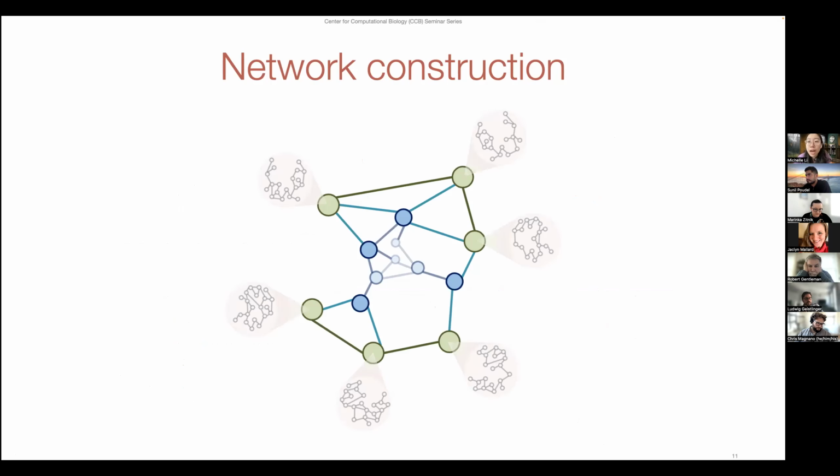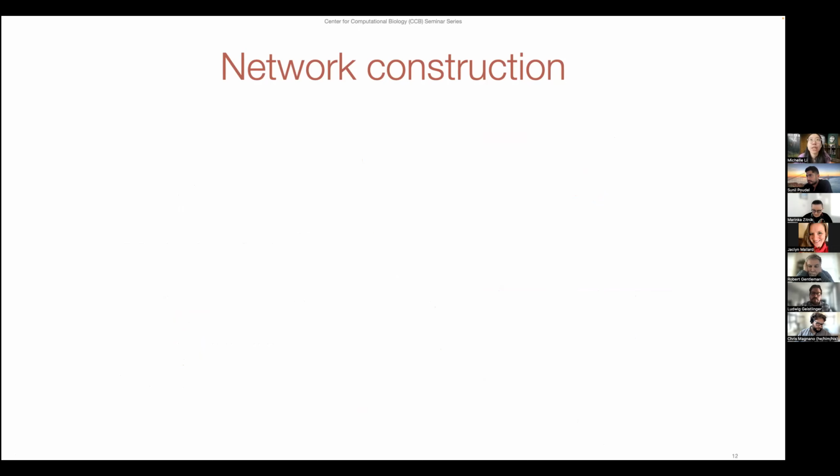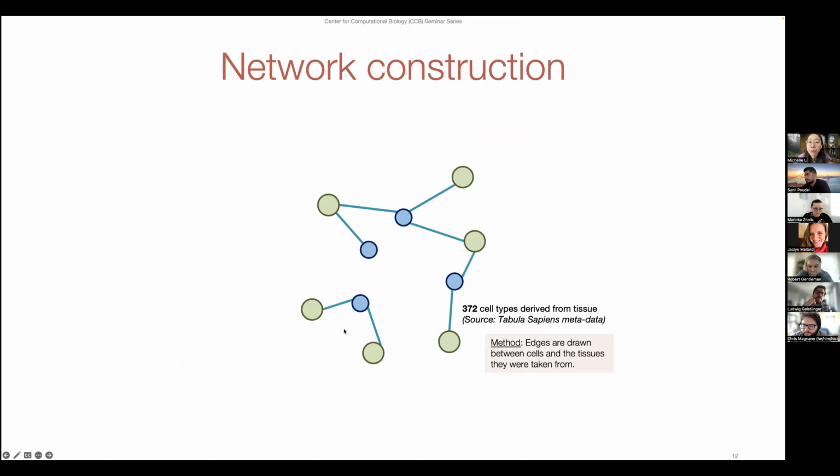Now, to model the higher order organization of cell types and tissues, we need a network that's composed of tissues and cell types and their relationships with each other. So we have cell type nodes in green and tissue nodes in blue. These cell type nodes are given by Tabula Sapiens, and for each cell type we know it comes from a specific tissue according to the Tabula Sapiens metadata. So those tissue nodes are connected to the 156 cell type nodes.